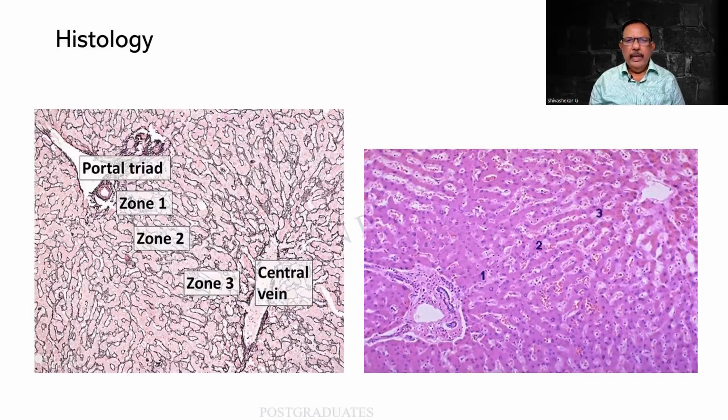Central vein, radiating cords of hepatocytes, and the portal triad, intervening sinusoidal spaces. And of course, the adjoining lobules do not get segregated by means of any line. In fact, there is a highly invisible limiting plate that is seen, which must not be drawn.